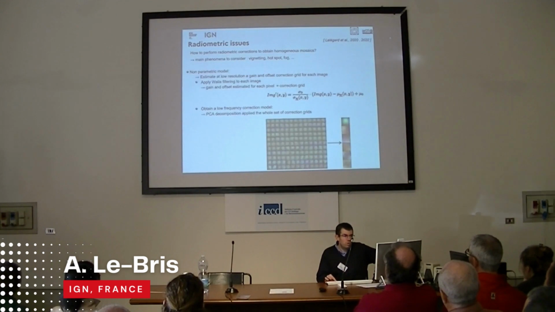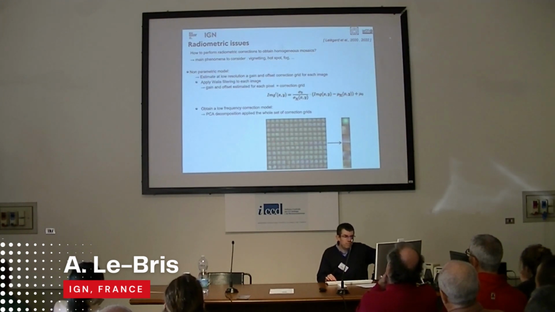Then a second model was developed. It's a non-parametric one. This time we tried to estimate a low resolution gain and offset correction grid for each image. It is done in two steps. First, a Wallis filtering is applied to each image.